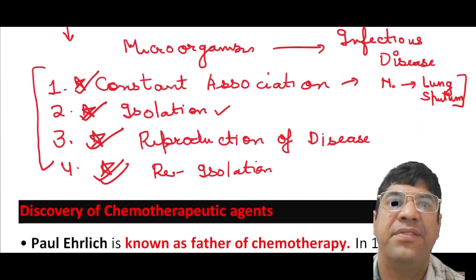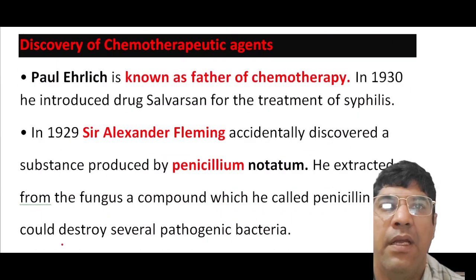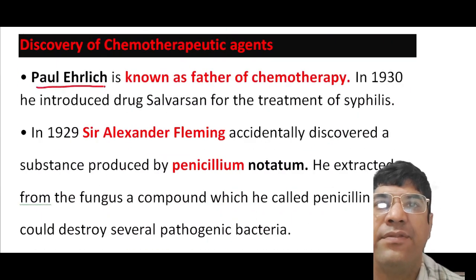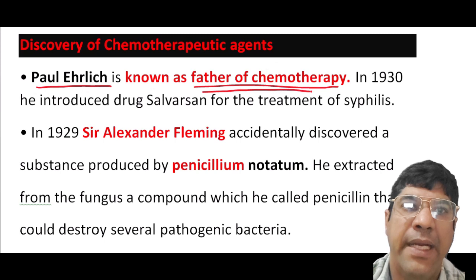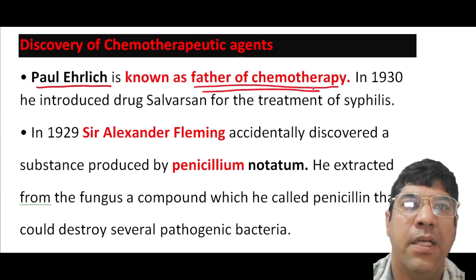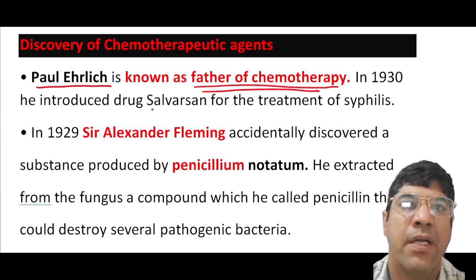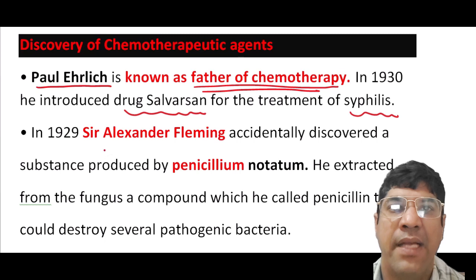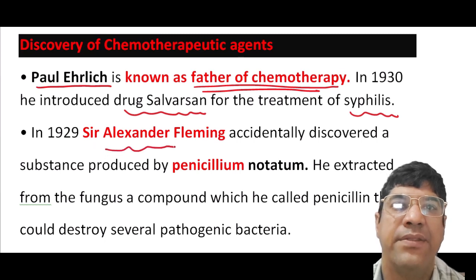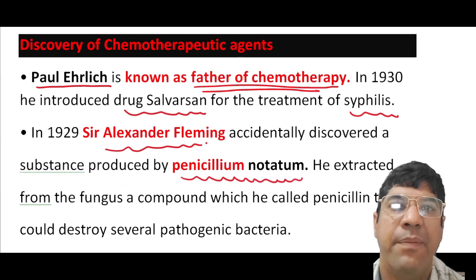Apart from that, let us discuss other scientists. Paul Ehrlich is known as the father of chemotherapy. So for the entrance exam, remember who is known as the father of chemotherapy? It's Paul Ehrlich. He introduced a drug for the treatment of syphilis. The other was Alexander Fleming, who discovered the substance penicillin notatum. So who discovered penicillin notatum?